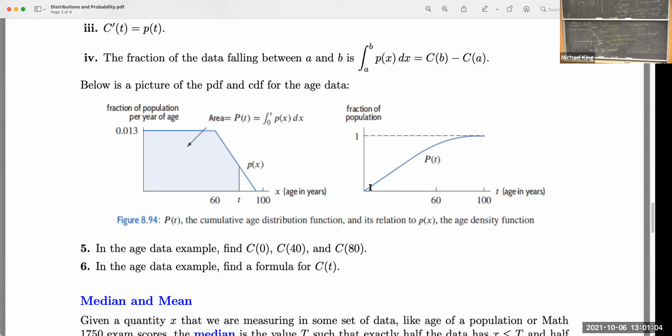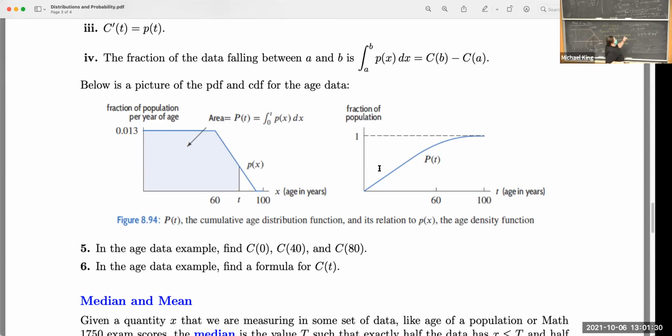You could actually plot that, and we could talk about how to do that, but you get a function that starts at 0 and then goes up towards 1, because you're accumulating all the data underneath a certain amount. The farthest to the left it's going to be 0 because there's no data less than that, and the farthest to the right it's going to be 1 because all the data is less than a certain range.